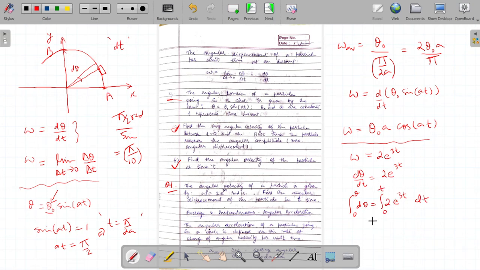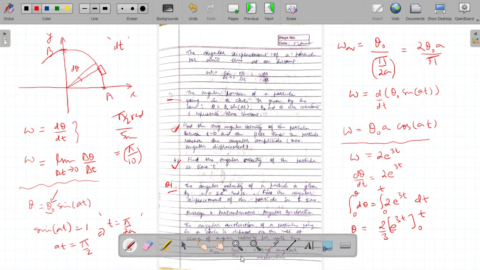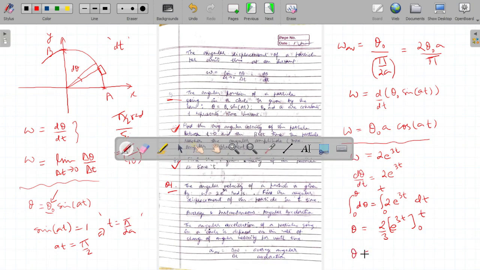So the complete angular displacement of the particle in time t can be written as 2 by 3 e to the power 3t, with limits going from 0 to t. So this would easily come out to the value theta is equal to 2 by 3 times e to the power 3t minus 1. So this would be the value of angular displacement of the particle in t time.